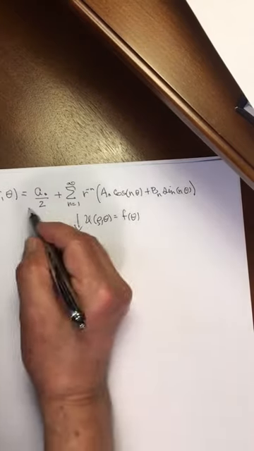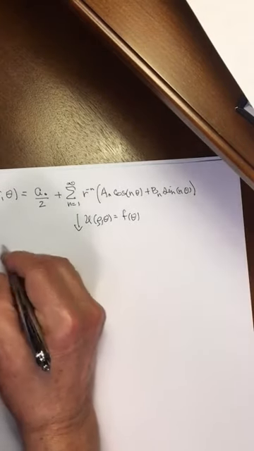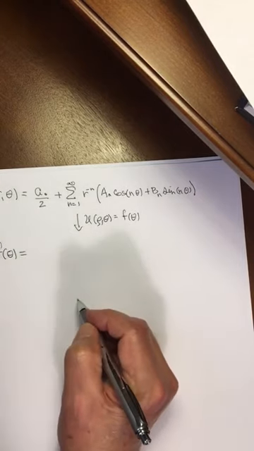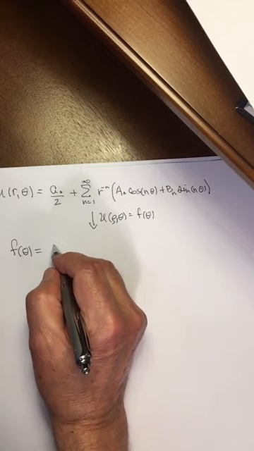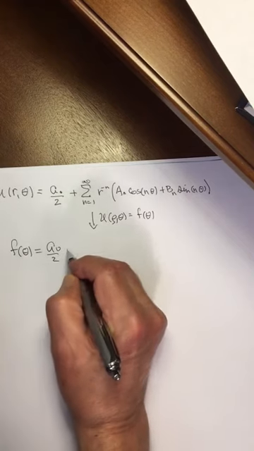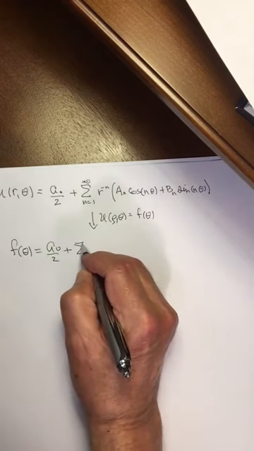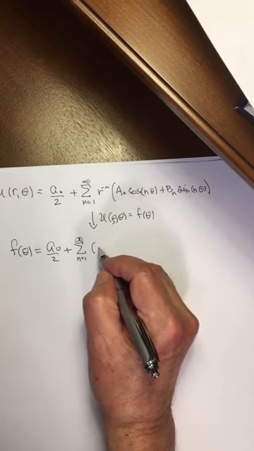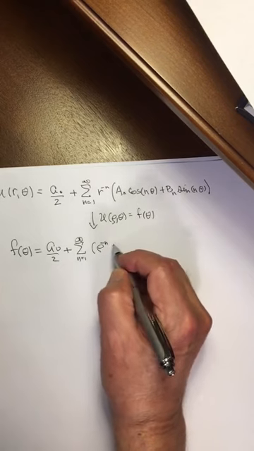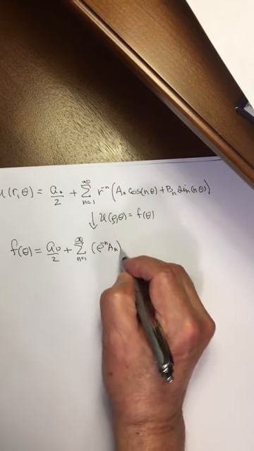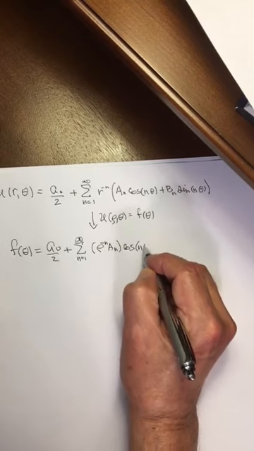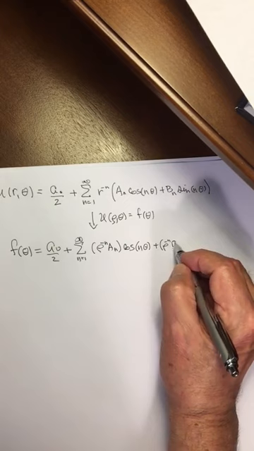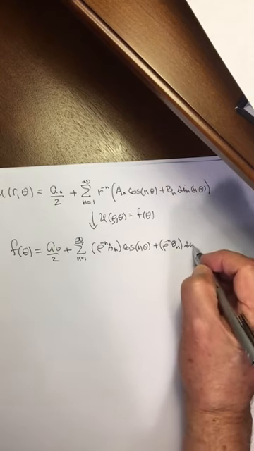So we'll set r equal to rho, and our formula then will be f of theta equals a0 over 2 plus the summation starting at 1 of rho to the minus n a_n cosine n theta plus rho to the minus n b_n sine n theta.